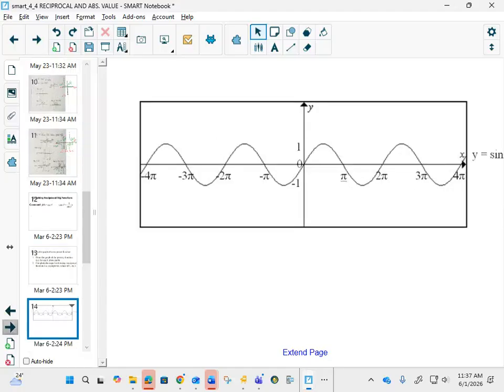Step 1 was asymptotes. Do we have x-intercepts? Lots of them. Oh my goodness, look how many x-intercepts. I should have drawn less of the sine graph.